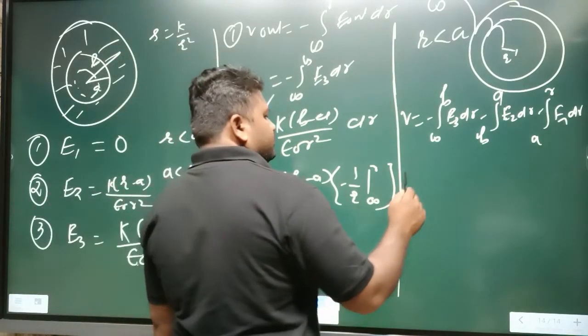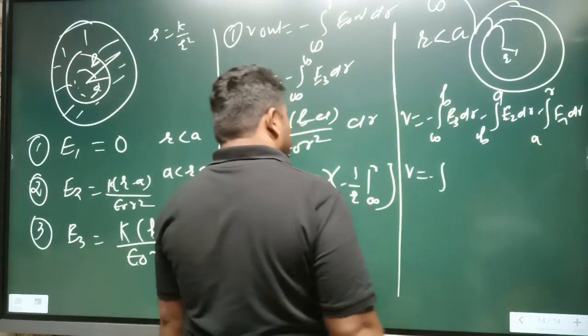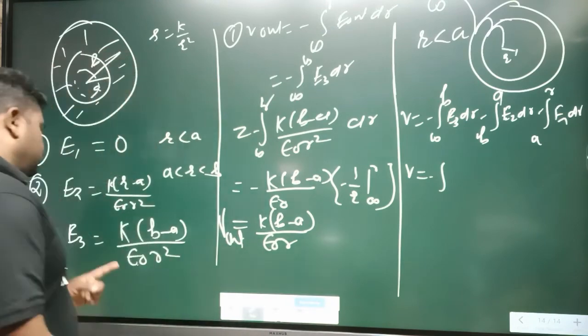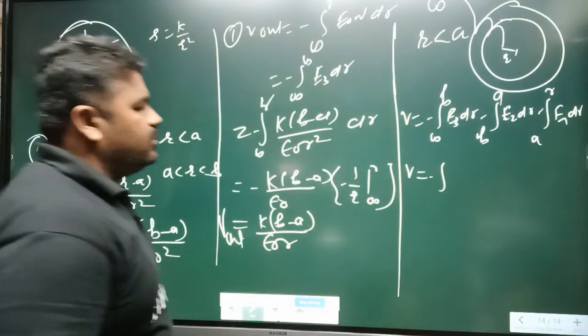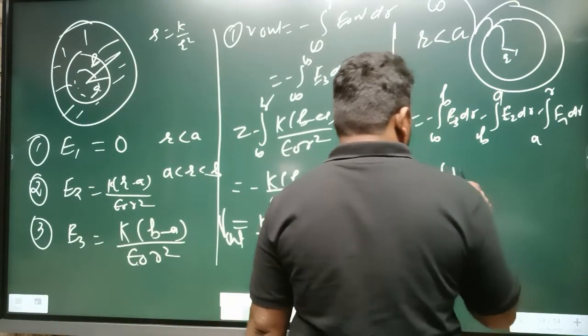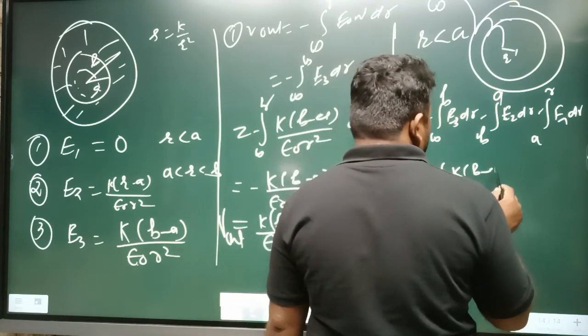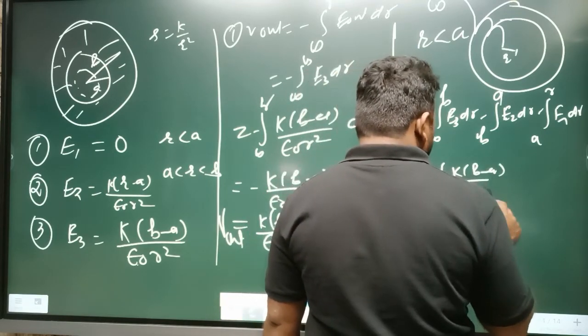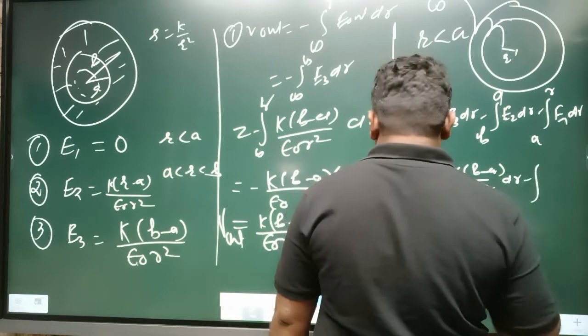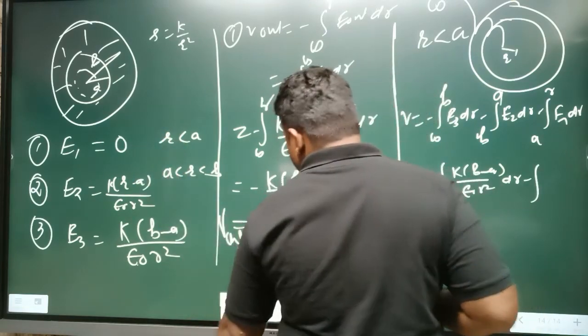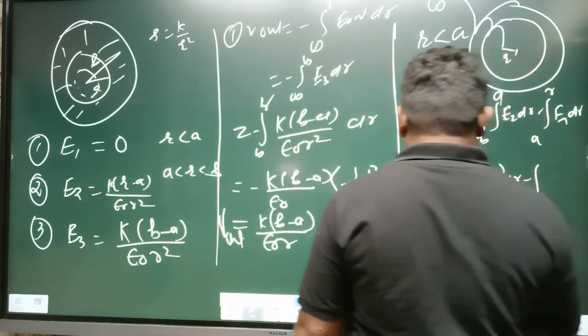E3 is K (B minus A) upon epsilon naught R square into dr. Next, second one, B to A. Yes.